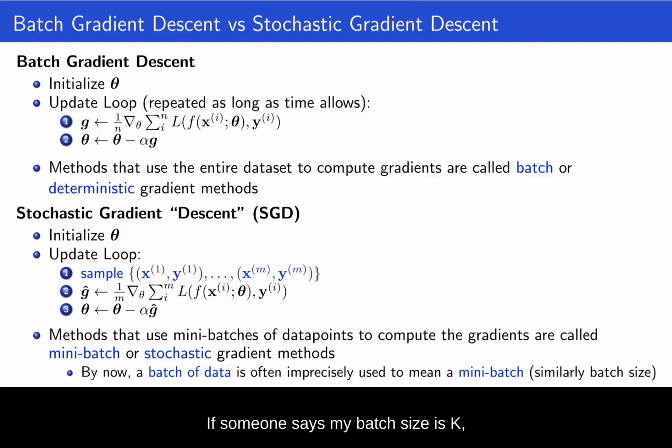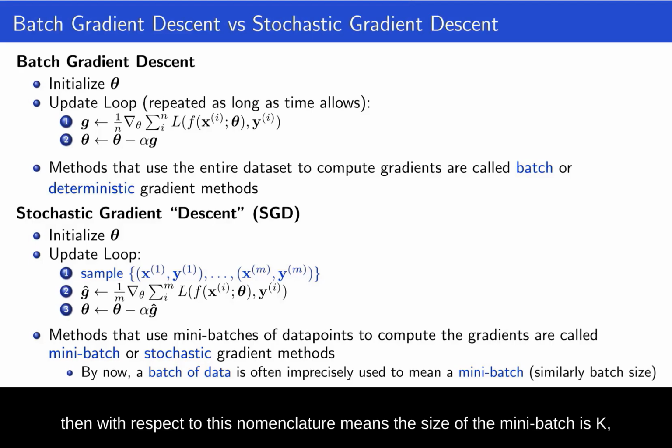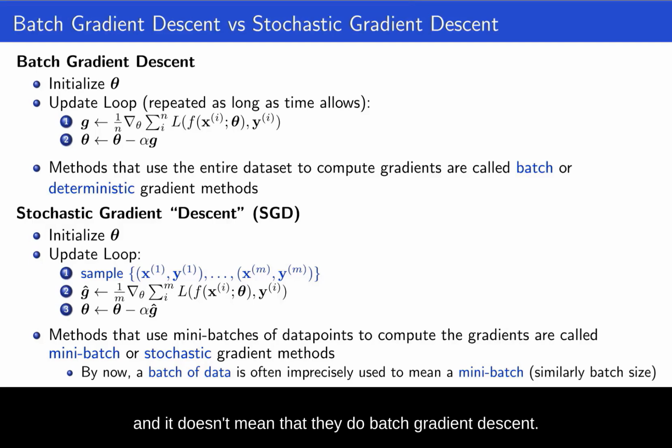So if someone says my batch size is k, then with respect to this nomenclature that means the size of the mini batch is k, and it doesn't mean that they do batch gradient descent. All right, so this was stochastic gradient descent in a nutshell.